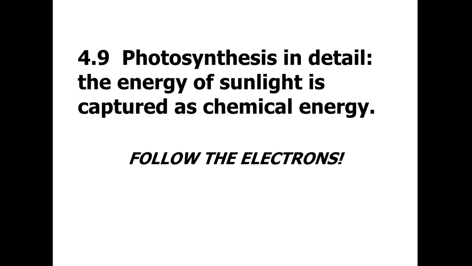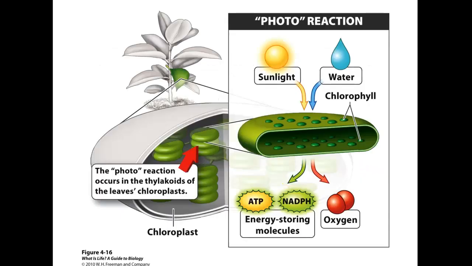Photosynthesis in detail. The energy from the sunlight is going to be captured as chemical energy. And the way we figured this out, or the way we follow it, is by following the electrons. So we're taking in the photo part, that's going to have sun and water coming in, and then we're going to create energy storing molecules, and oxygen.